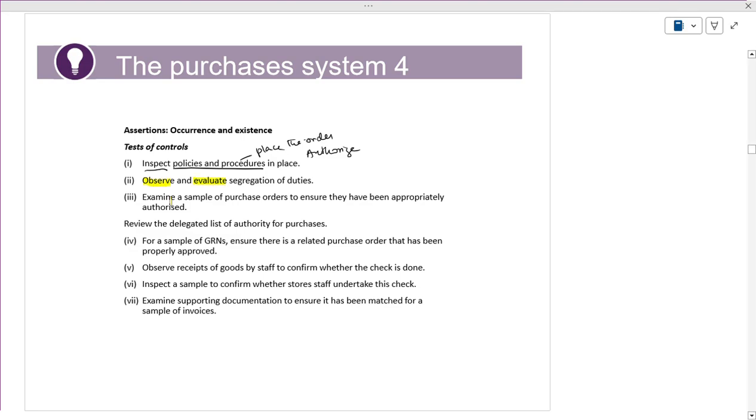We will observe that the purchase clerk will verify against the purchase order, and the inventory clerk will receive the goods. We will see whether different people are involved: one person will issue the purchase order, another person will receive the goods, and another person will record the goods.